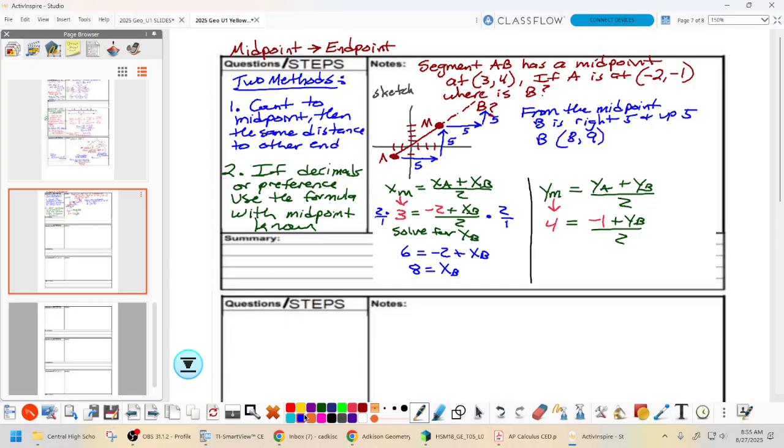That's going to be consistent. Okay, and then 8 equals -1 plus yb. Add your 1, and we get 9. So the multiply by 2 part will be the same every time because we're always dividing by 2.